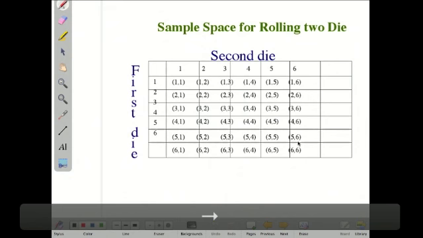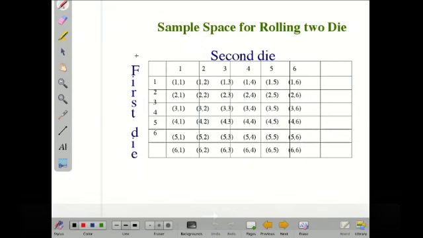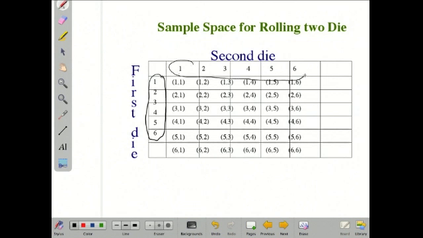So take a look at this illustration. We've got 1 die here, we've got a second die over here. We've got a 1,1, a 1,2, 1,3, 1,4, 1,5, and 1,6. That's an event that happens. Now notice how many events there are. There's an easy way to do this. There are 6 possible choices on our first die and 6 possible choices on our second die.